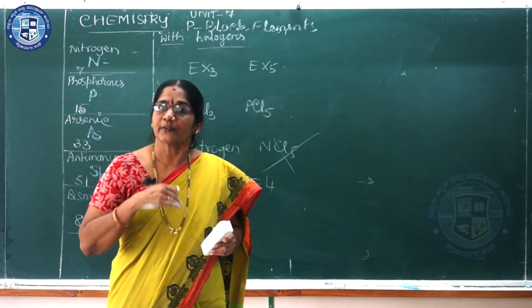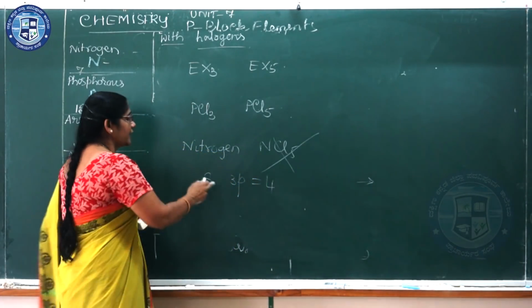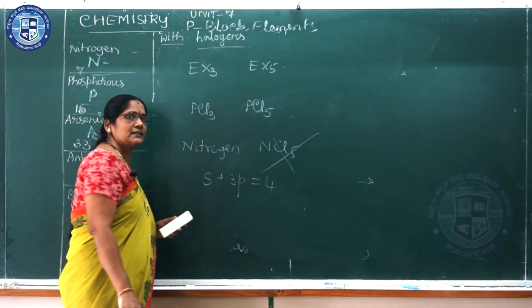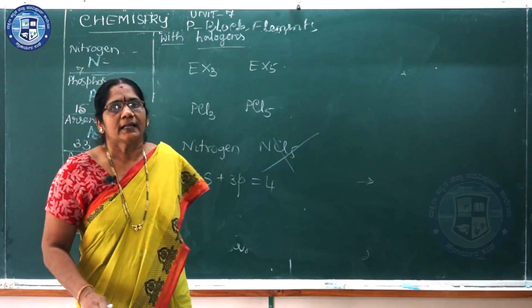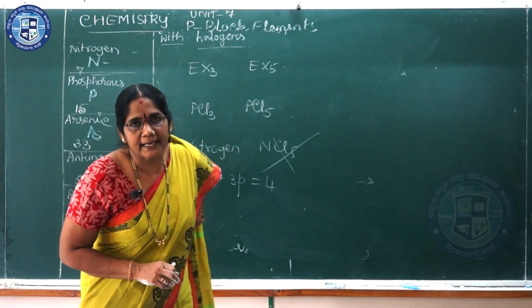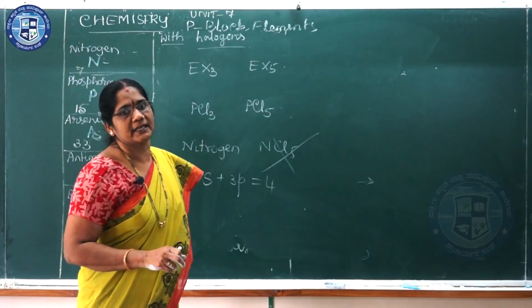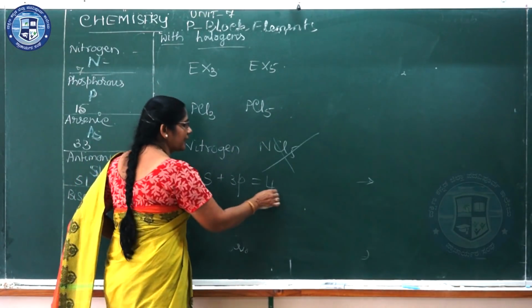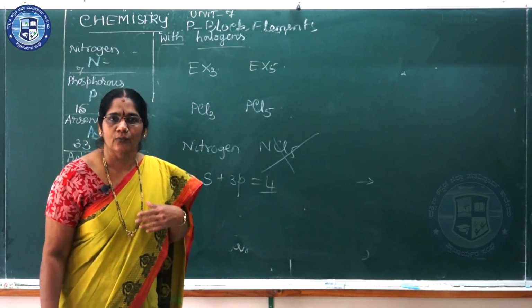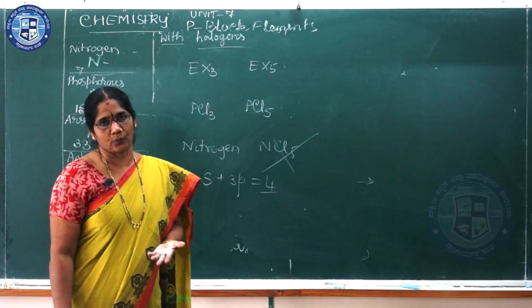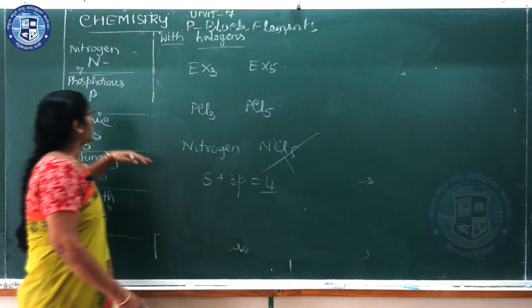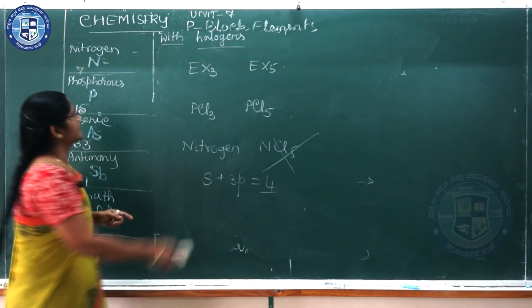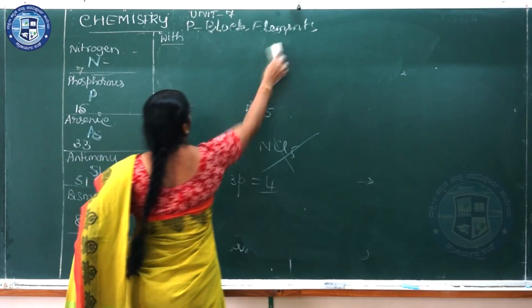So, because of the absence of d orbitals, it can use only s and 3 p orbitals, so only 4 bonds can be formed, and therefore the maximum covalency of nitrogen in any compound is limited to 4. It cannot have compounds with covalency 5 or 6, but all the others can show this. This I will discuss later.